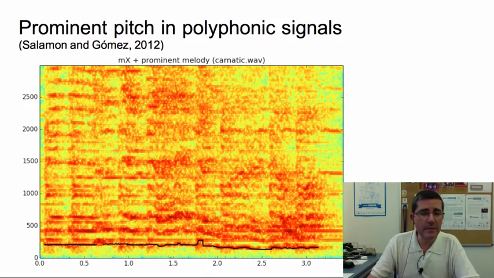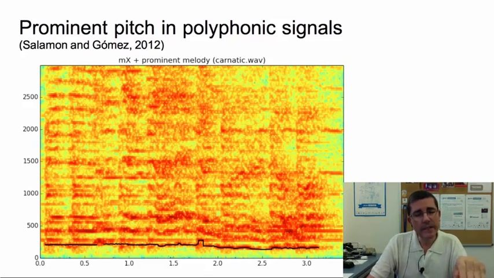Like in this sound example, I will play the prominent pitch it has found for this sound. So that's pretty good. Again, there might be some glitches, I see one glitch, but it's able to identify the prominent pitch over this whole sound.